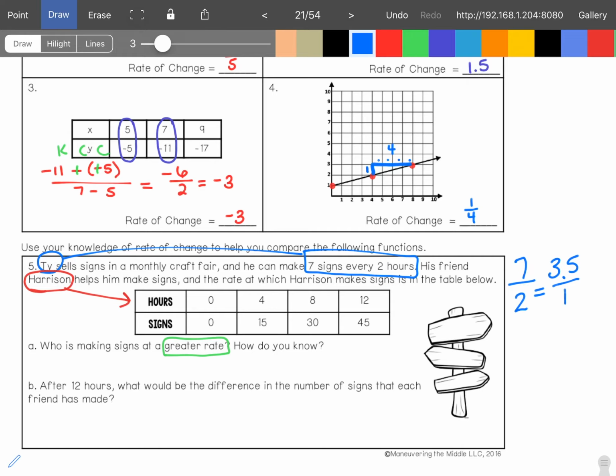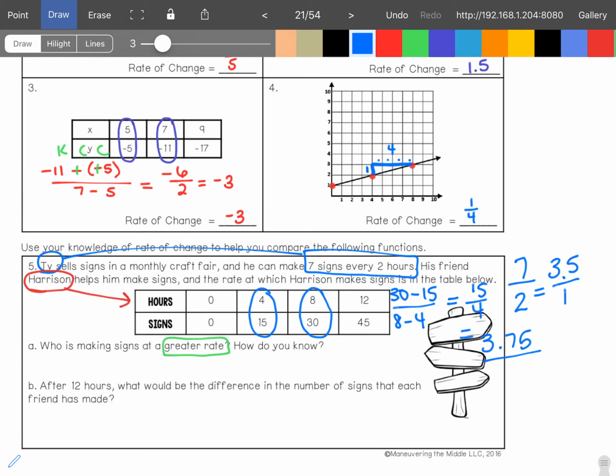All right, and then if we just take 2 ordered pairs here and we subtract our y's, which would be 30 minus 15, and then 8 minus 4, subtract our y's on top and our x's on bottom, we get 15 divided by 4, and 15 divided by 4 would be 3.75.